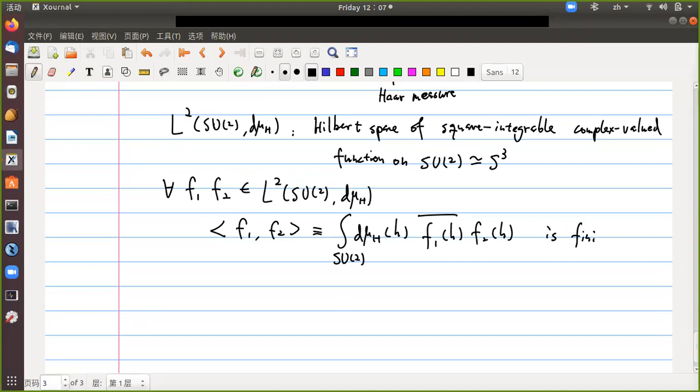It means square integrable just like what you learn in quantum mechanics. This defines the inner product of the Hilbert space, and the norm, when F1 equals F2, gives the probability of this wave function. Both F1 and F2 are functions on SU2.